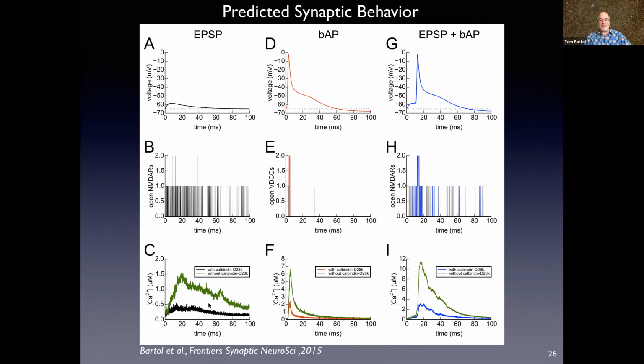And notice here in this bottom row down here, we have the calcium concentration in the spine. These are individual instances up here. So black is one instance, and the gray are the other trials superimposed here.